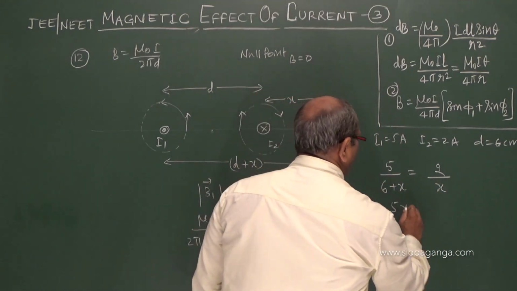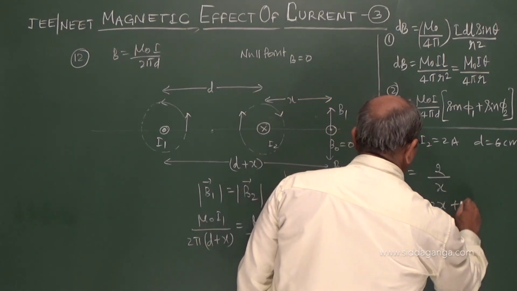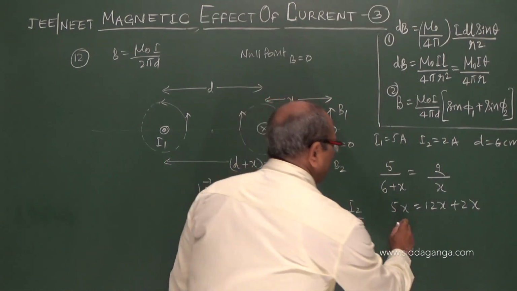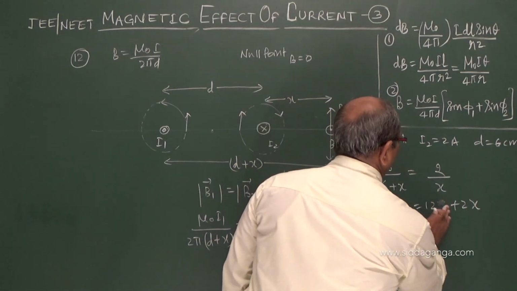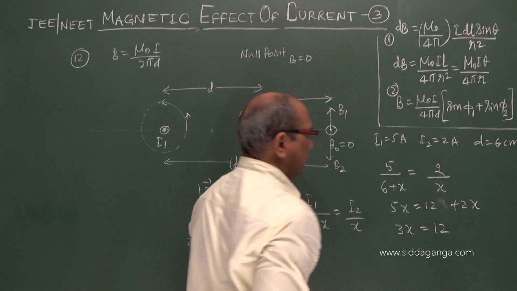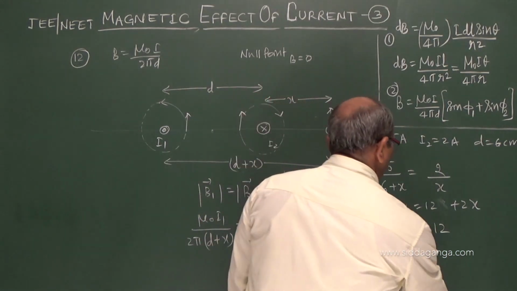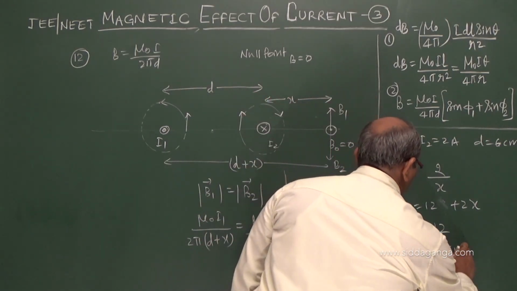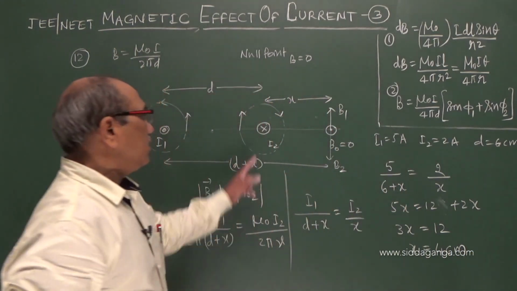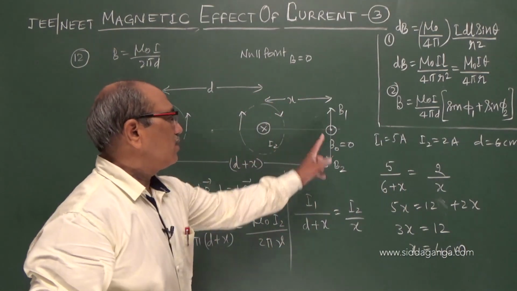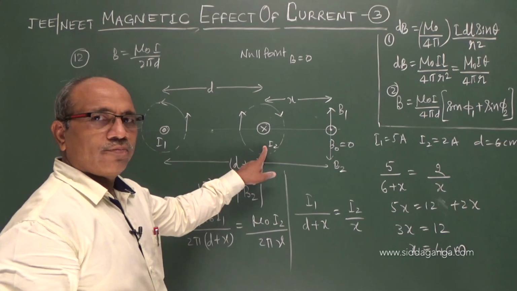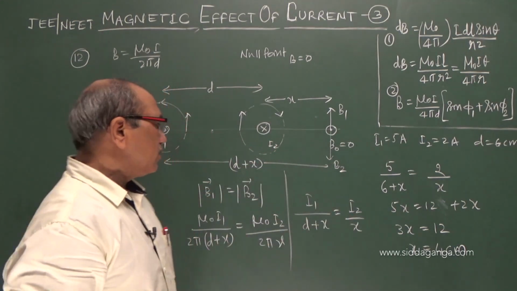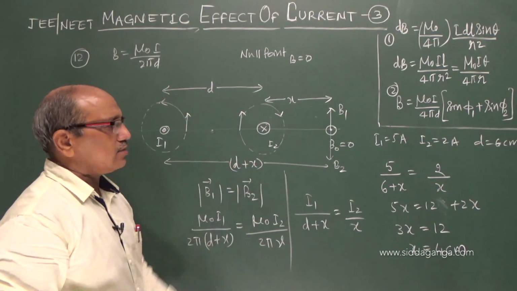Cross multiplying, 5x equals 12 plus 2x, so 3x is equal to 12, or x is equal to 4 centimeter. The null point is 4 centimeter away from I2.